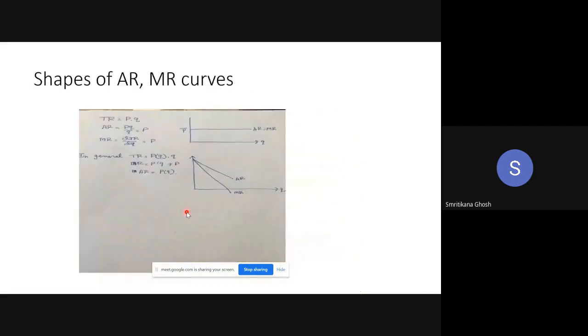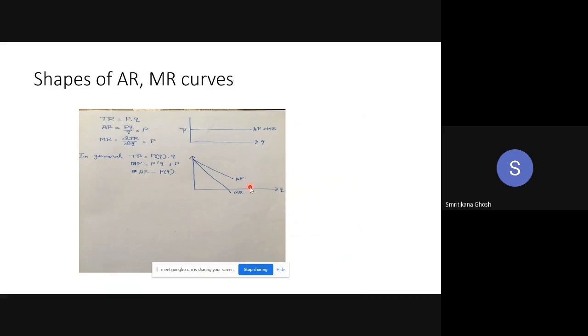Let me show. Yes, look. At this point, if you make a vertical line from this point on the AR curve, that will be the midpoint of your AR curve, that is the demand curve, where elasticity is equal to 1. Okay. So corresponding to E equal to 1, your MR will be 0. Then after that, elasticity is less than 1.